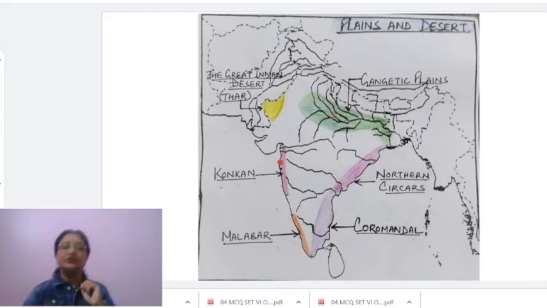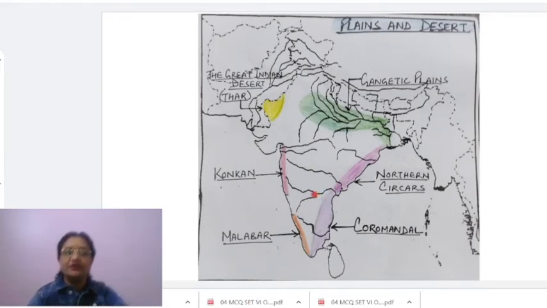Now come to the Western Coastal Plains. Western Coastal Plains, in the beginning only I was telling you about this. The first part of the Western Coastal Plain is the Konkan Coast. Okay, Konkan Coastal Plain, right? From the extreme north till a point which you will get by, suppose I'm giving you one hint how to get the mark till where Konkan coast will continue, where this Krishna and Tungabhadra rivers are meeting, right, the confluence of it.